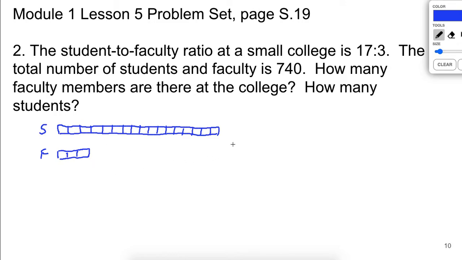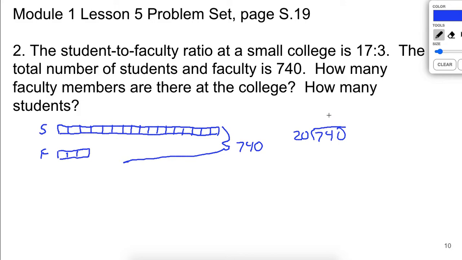Now in this case, we know that both of these together, so if we put both these together, that is a total of 740. So that 740 is made up out of 20 things, isn't it? Because 17 plus 3 is 20. So that means we need to take 740 and divide it by 20 to see what each one of these boxes or bins would have in it.